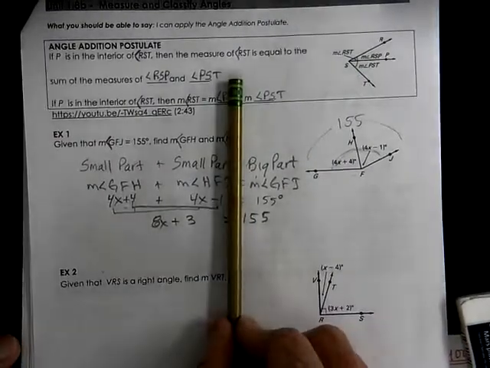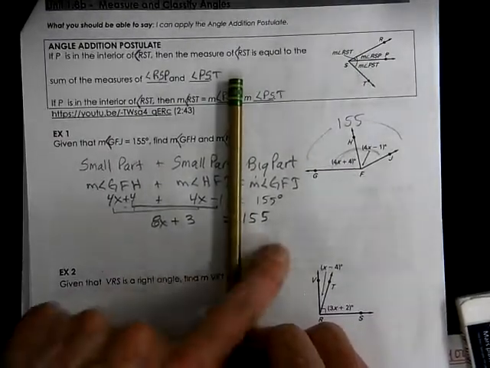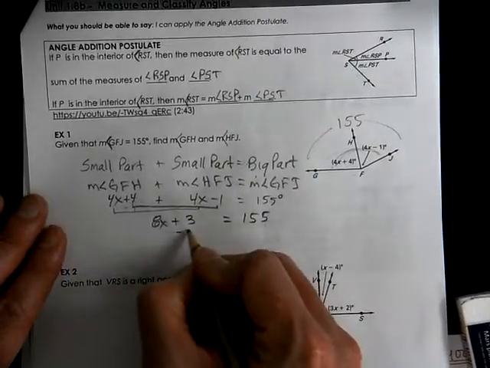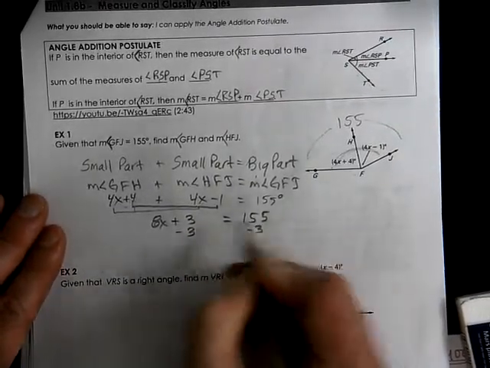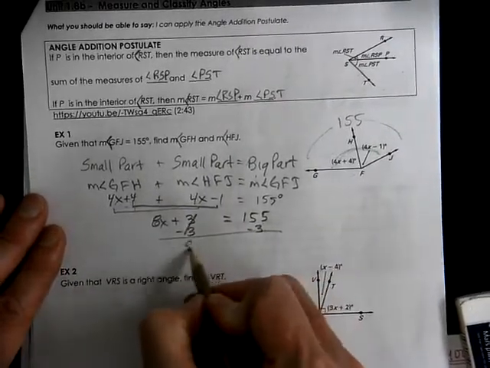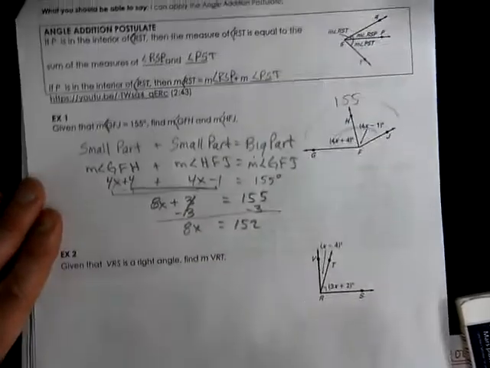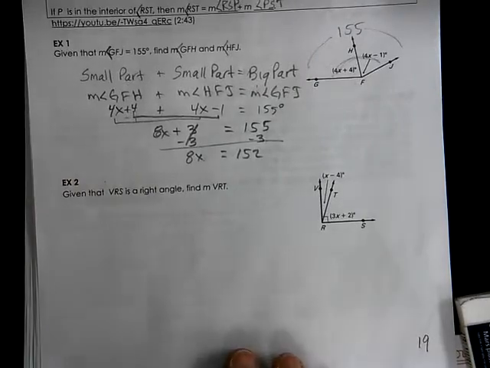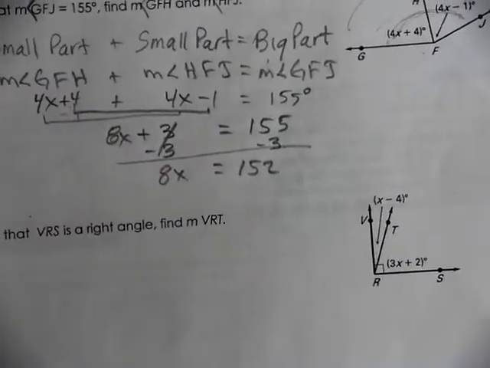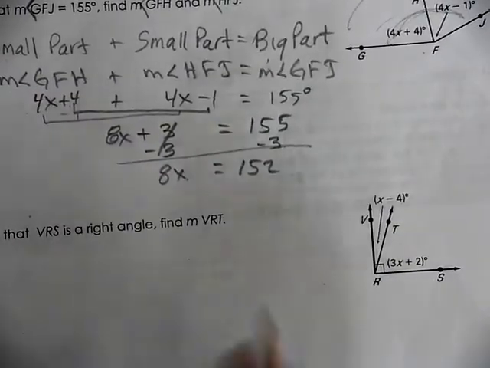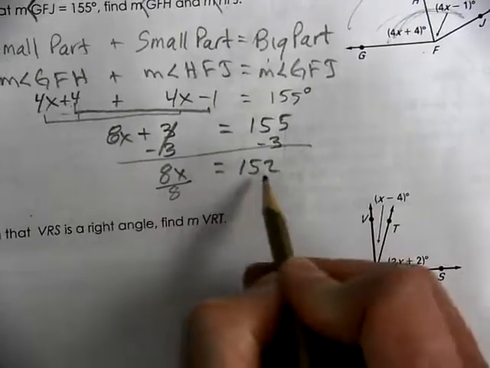Now we'll go to the opposite side of the equal sign to group our like terms together. So now we have to do the opposite. So we have 8x that equals 152. Now to get x by itself, we have to divide by 8.